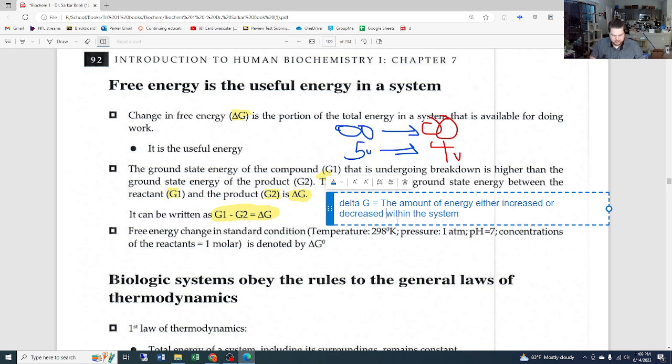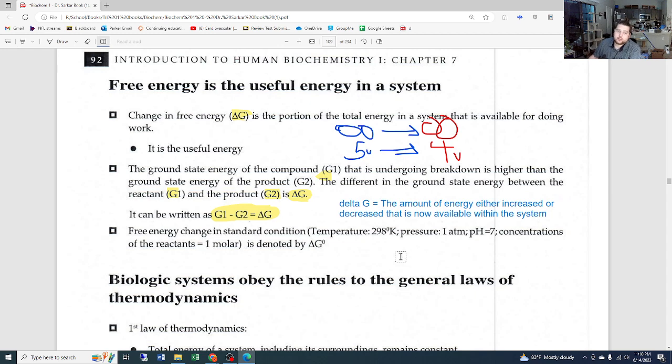I should say that is now available within the system. Remember to talk about the system, we talked about that box. So did we lose energy or did we gain energy in the overall system, okay? Or I should say, did we gain or lose energy available in the overall system?